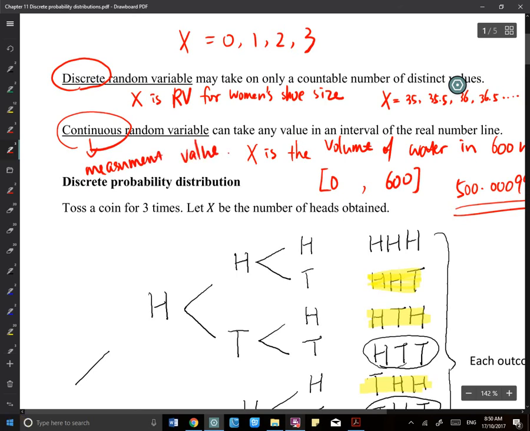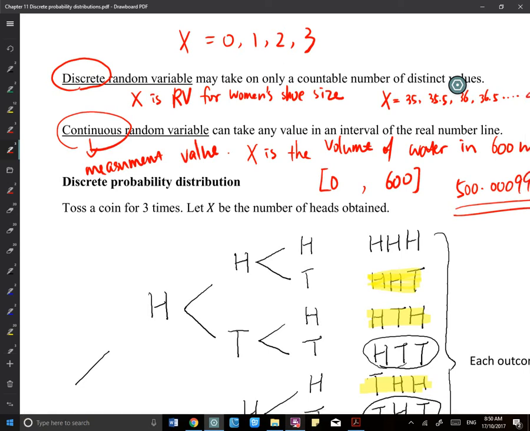I measure something, like the height, the weight, the size of something, or how long something is. They are measurement values, so normally these are continuous random variables.